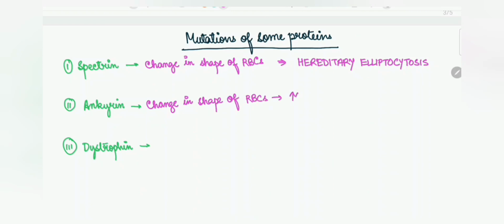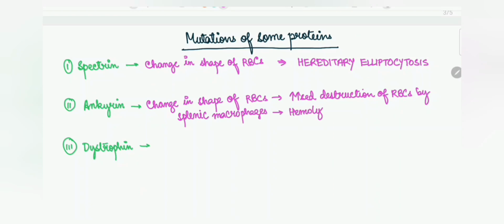If there is mutation in ankyrin, then again there will be change in shape of RBCs, which will lead to increased destruction of RBCs by splenic macrophages, which will lead to hemolytic anemia, and this will cause hereditary spherocytosis.